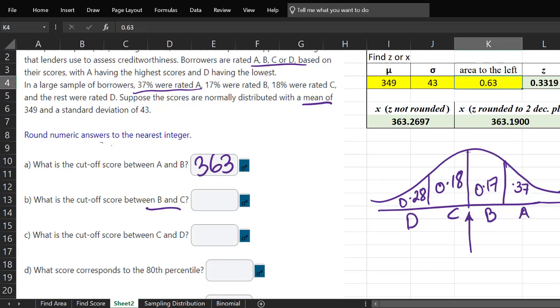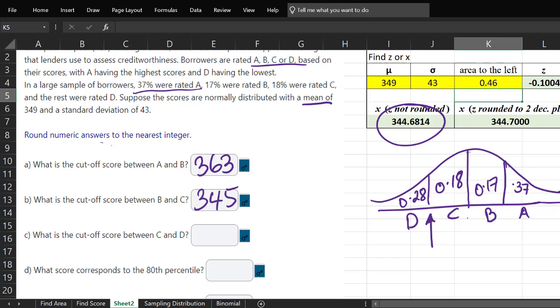If we plug in 0.46 as area to the left here, again, that gives us 345 when rounded to the nearest integer. Again, we do the same thing for this last part between C and D, and the area below that is 0.28. If we plug in 0.28 here, that gives us 324 as the answer.